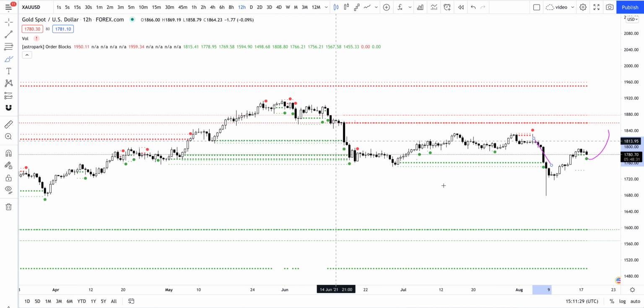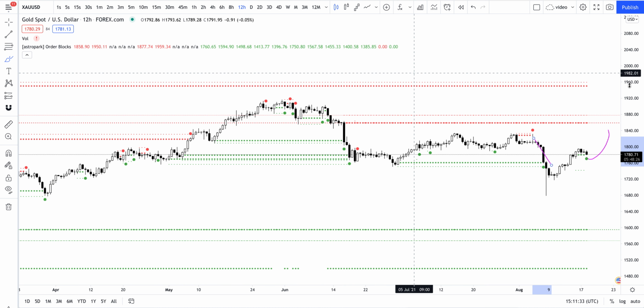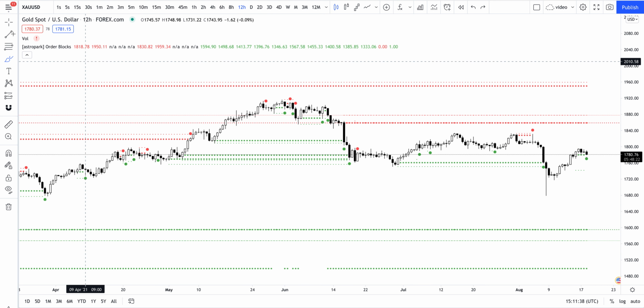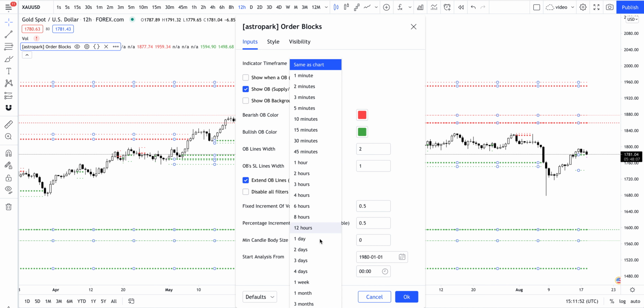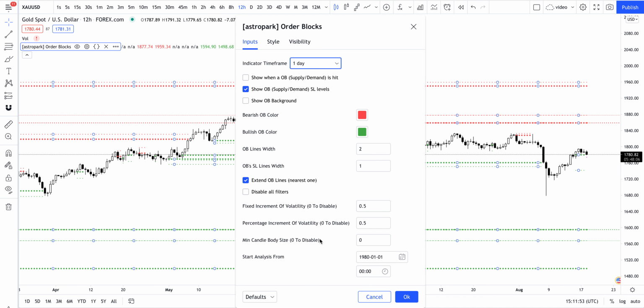Okay, a very important element of this indicator is that you can trade on a lower time frame, but look at high time frame zones.